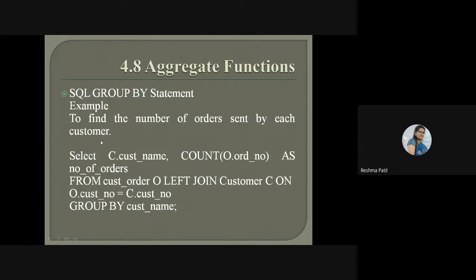We are working with count here, and we are getting the result customer wise, the number of orders sent by each customer. Suppose there are 10 customers, so the first customer has sent 10 orders, the second customer has sent 20 orders. That result we are going to get by using this query. So this is the group by statement.